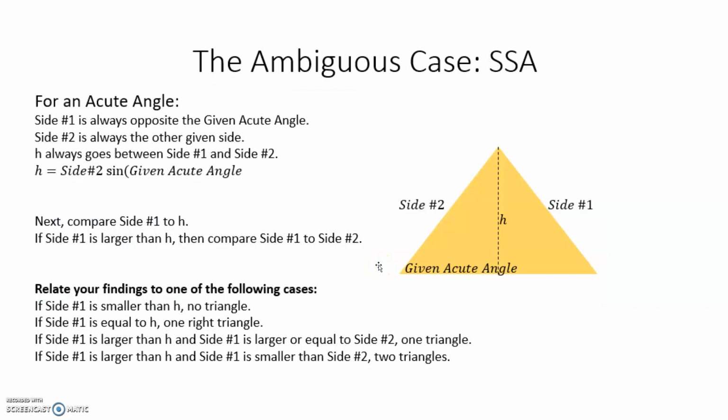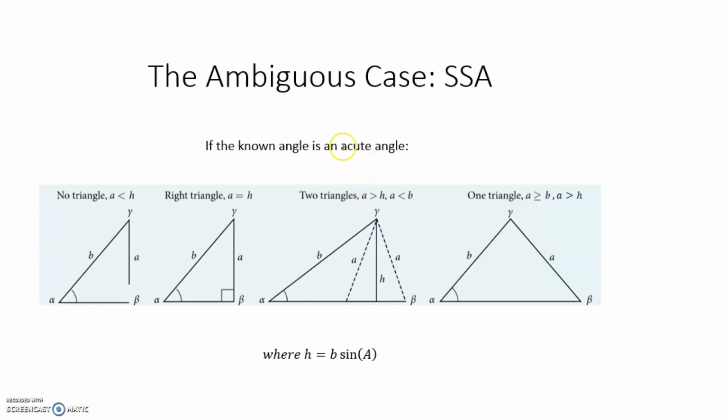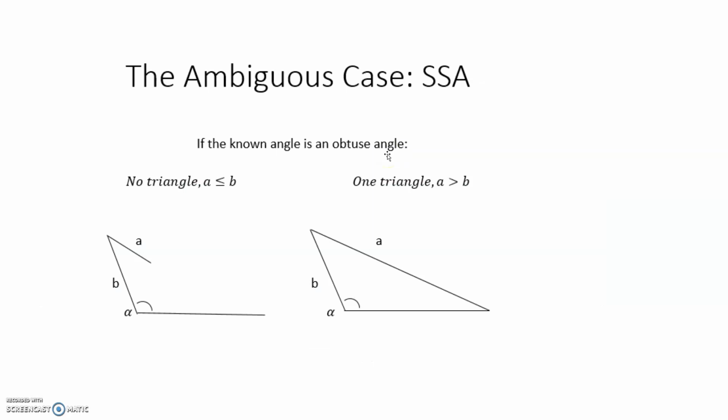Now, you will get this the day of the test, and it's the easiest way to figure out the ambiguous case. And also, this is for an acute angle, and you also have one for an obtuse angle.